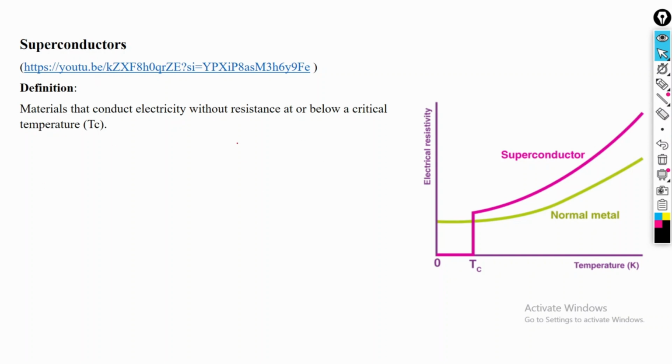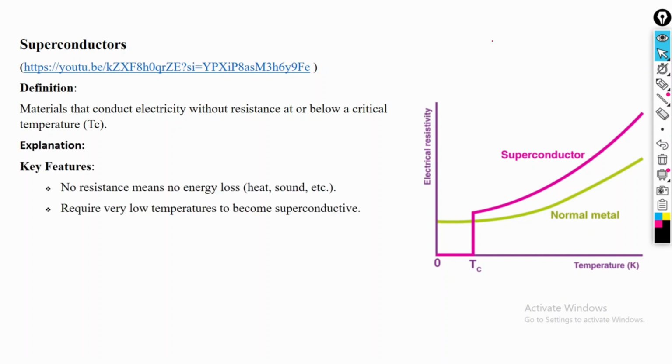A material that conducts electricity without resistance is called a superconductor. Every material has a specific temperature below which it will behave as a superconductor, and we call that temperature the critical temperature.